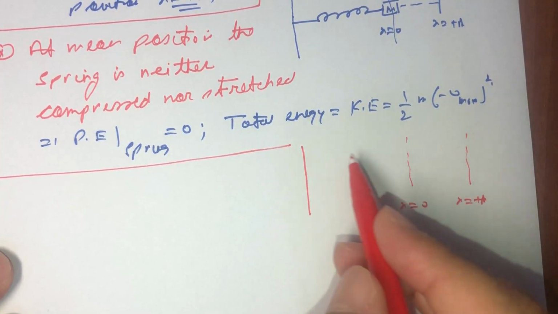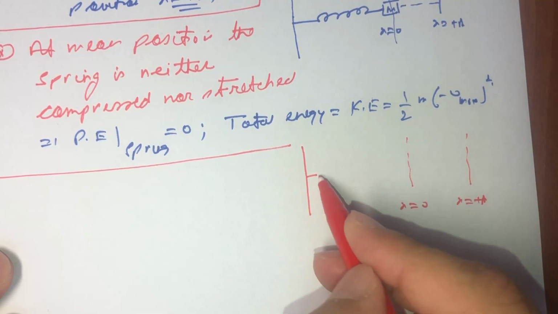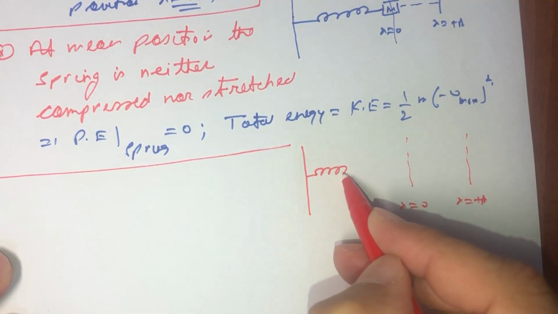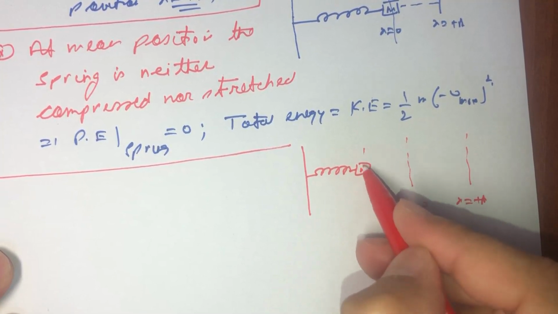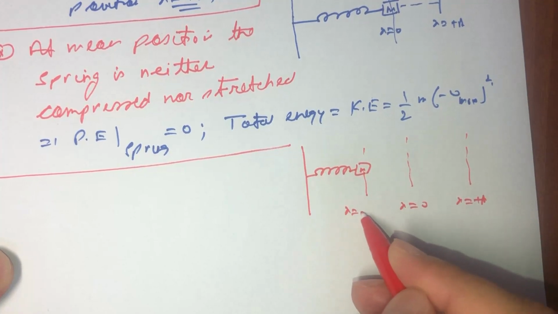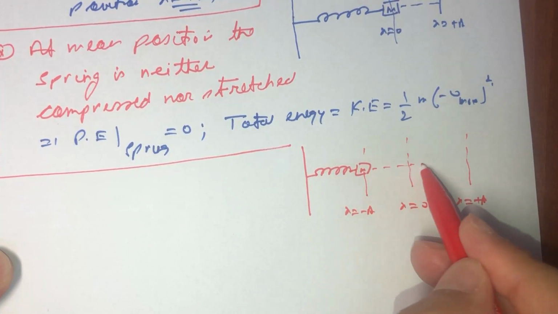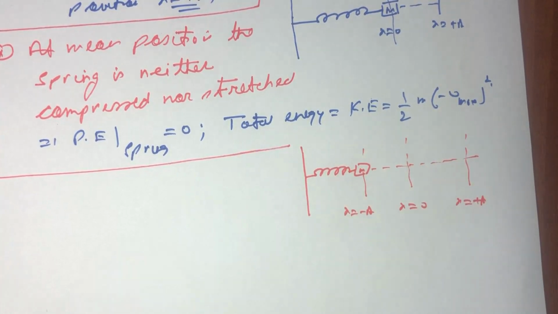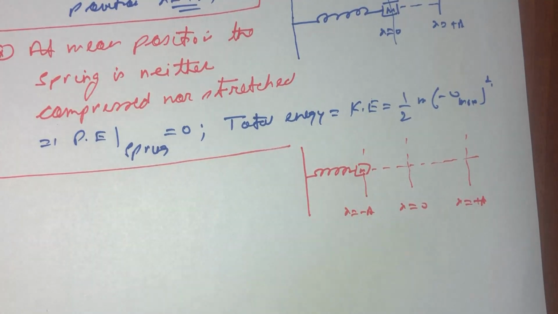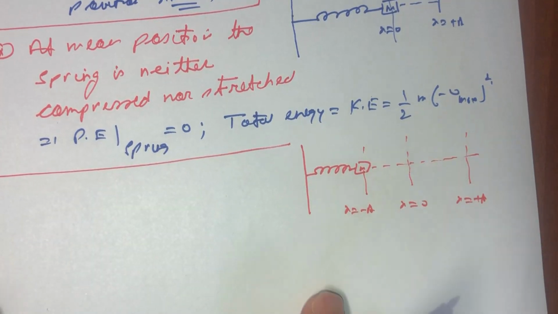Now the spring will be compressed to the other side with the maximum compression, and this will be our x equal to minus a. So now the spring is compressed, and the mass is at minus a.